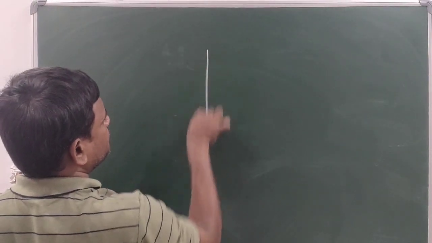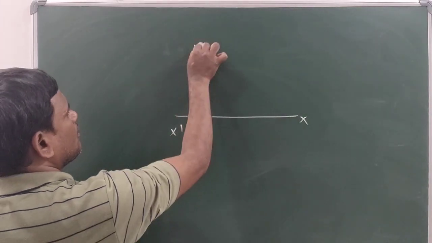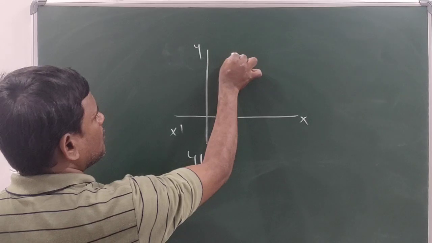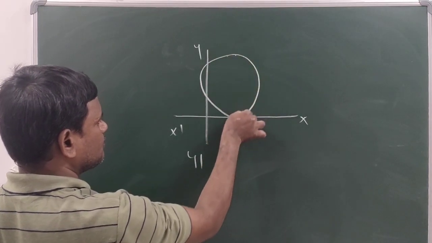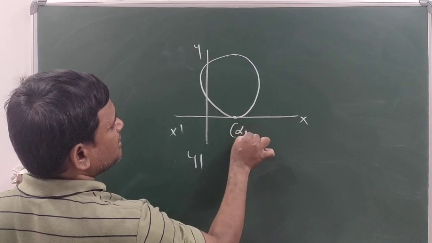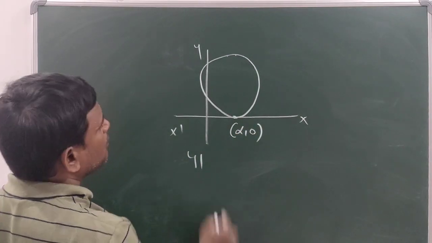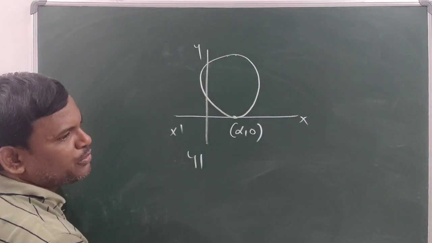They said that it is touching the x-axis at alpha comma 0, and this y-intercept is given as 2l units.